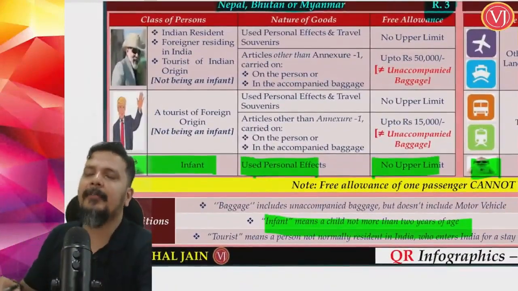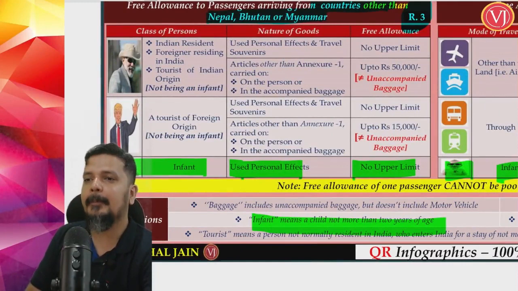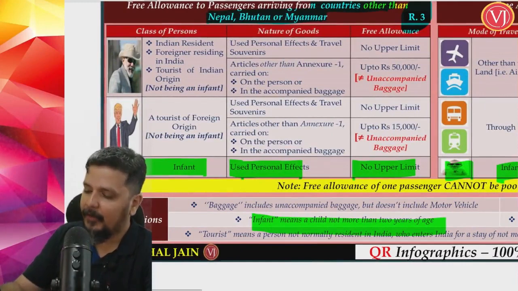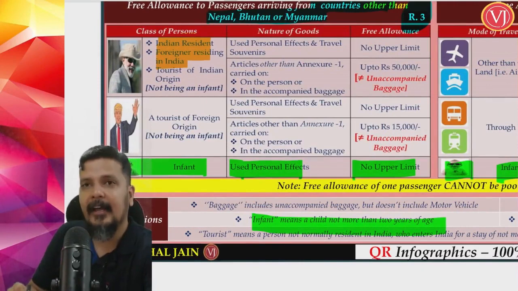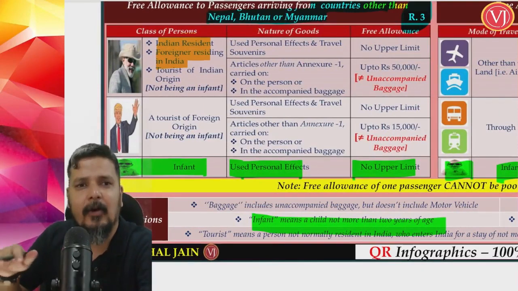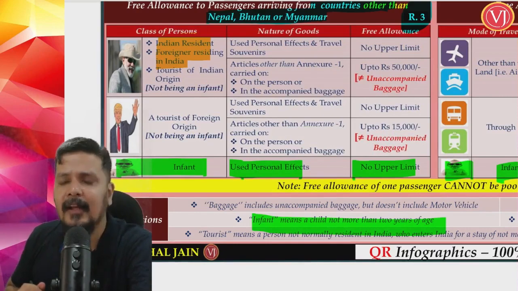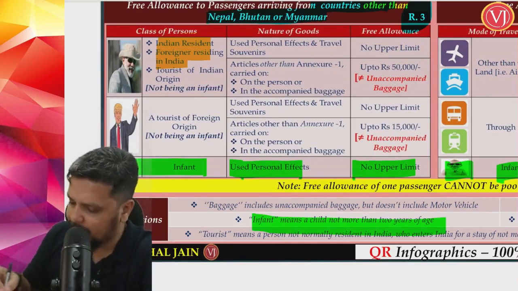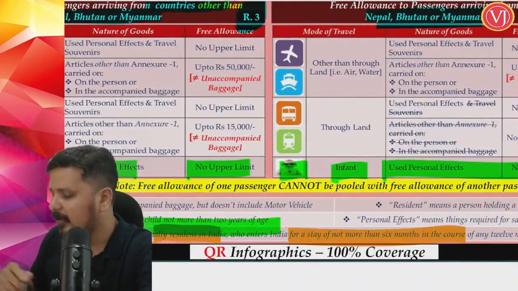Now let us see the differentiating fact. Rule 3 is bifurcated based on the type of passenger. If you are an Indian resident or a foreigner residing in India, which means he is permanently there in India, he is not a tourist. What do you mean by tourist, by the way? Tourist means a person who stays in India for less than 6 months.